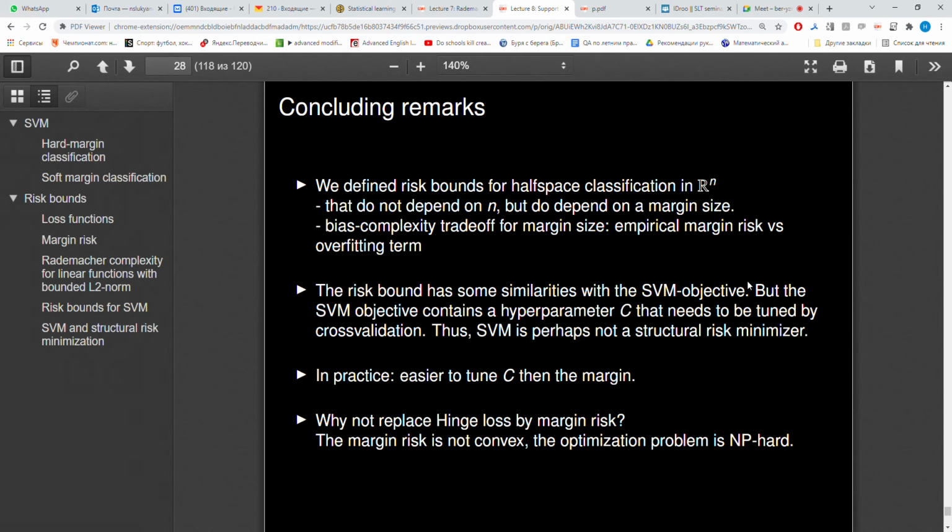What was the main goal of the lecture? First of all, we tried to find some way to bound the risk for half space classification that won't depend on n but will depend on the margin size.